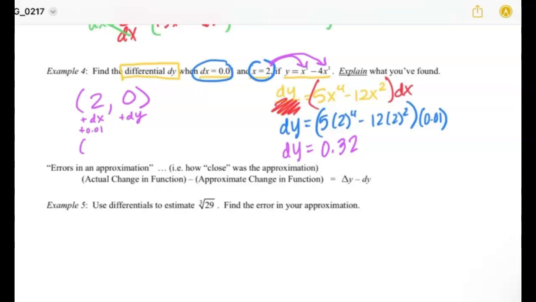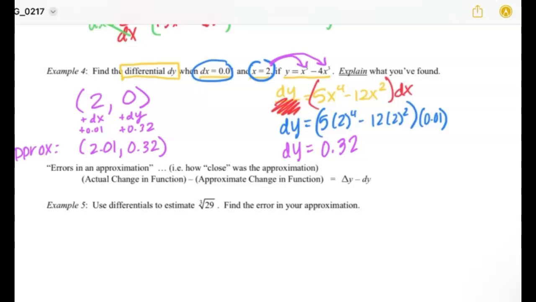So what we are doing, we are approximating the value at 2.01 in this function. So by changing the x, we calculated what the change in y would be, which we just calculated to be 0.32. So we are approximating that 2.01 has an output of 0.32.